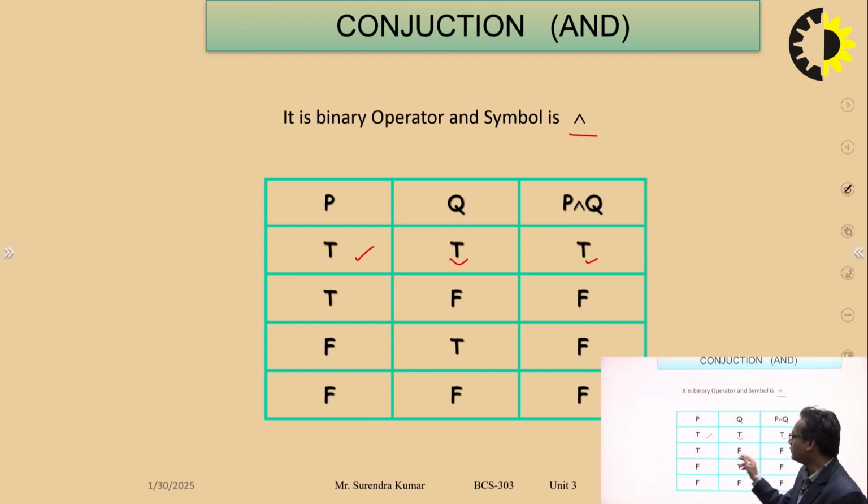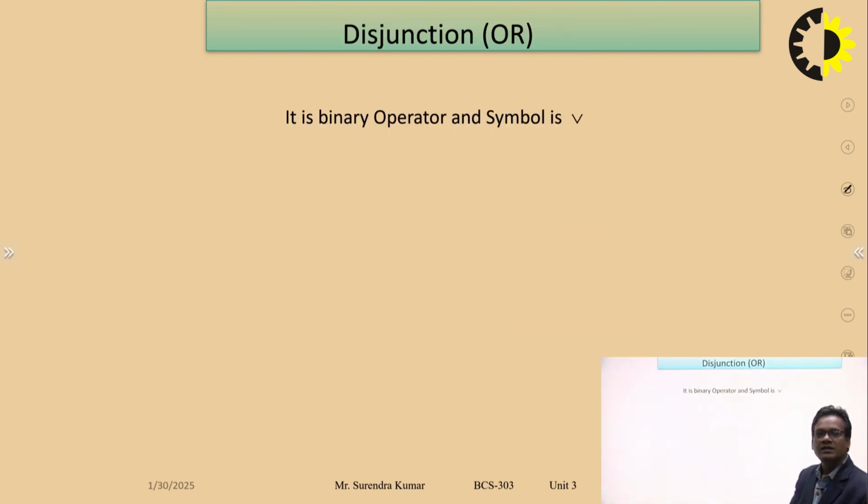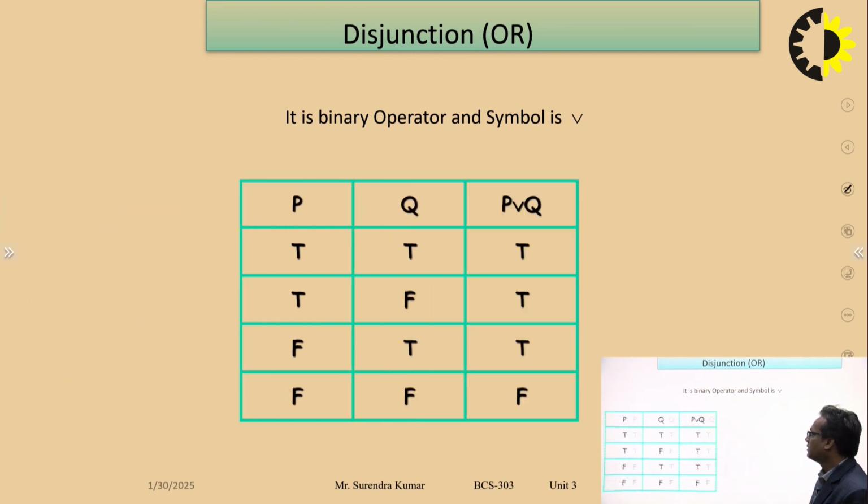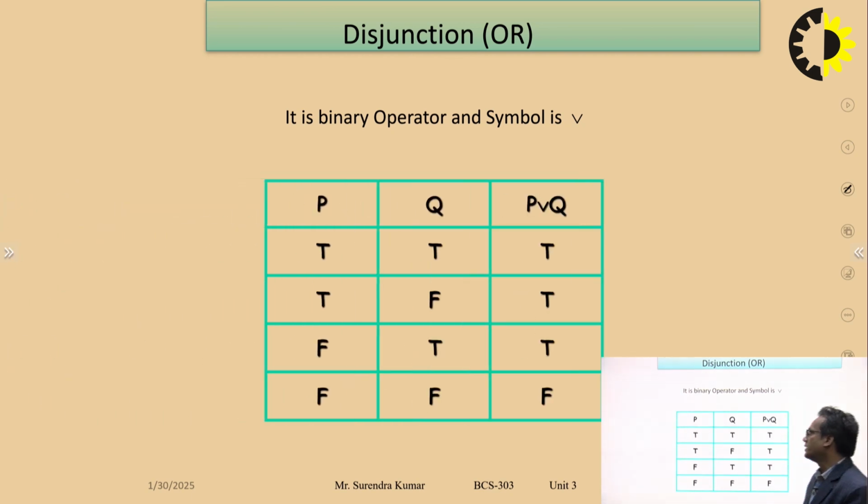If any one of them is false, it is false, or if both are false, then again it is false. That means it will be true if and only if both P and Q are true, otherwise it is always false.